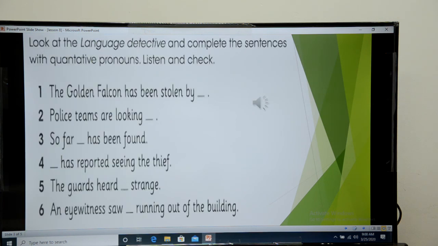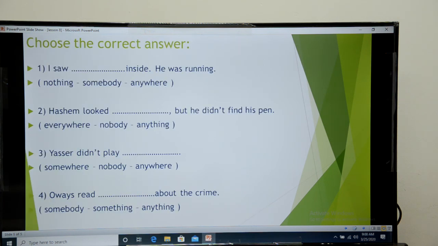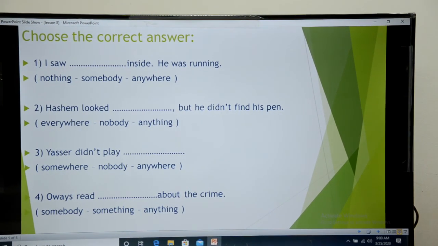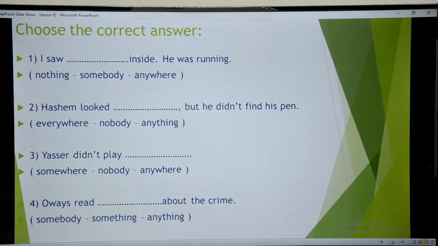Teacher, we need a question, like the questions that come in the test. Okay, these are the questions that you may see in the test. Let's read the question and think about the answer. Number 1, I saw space inside. He was running.